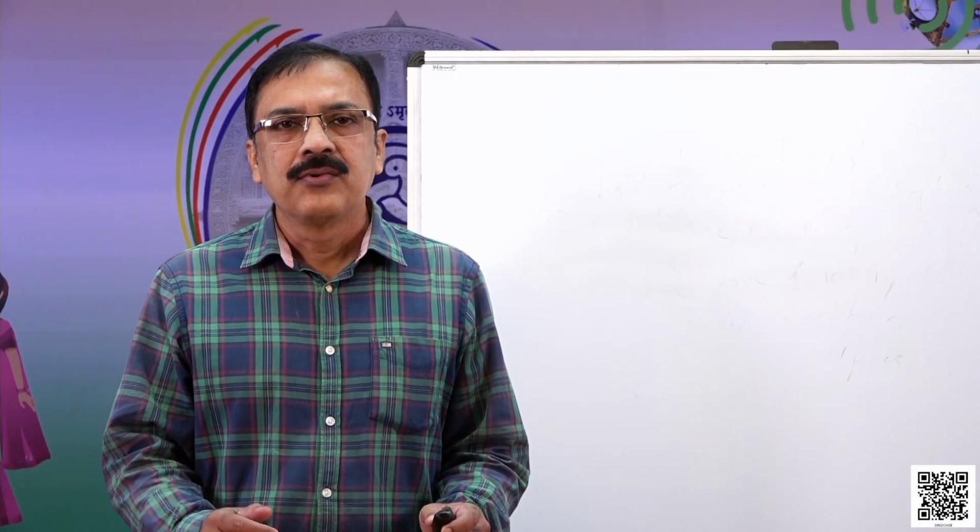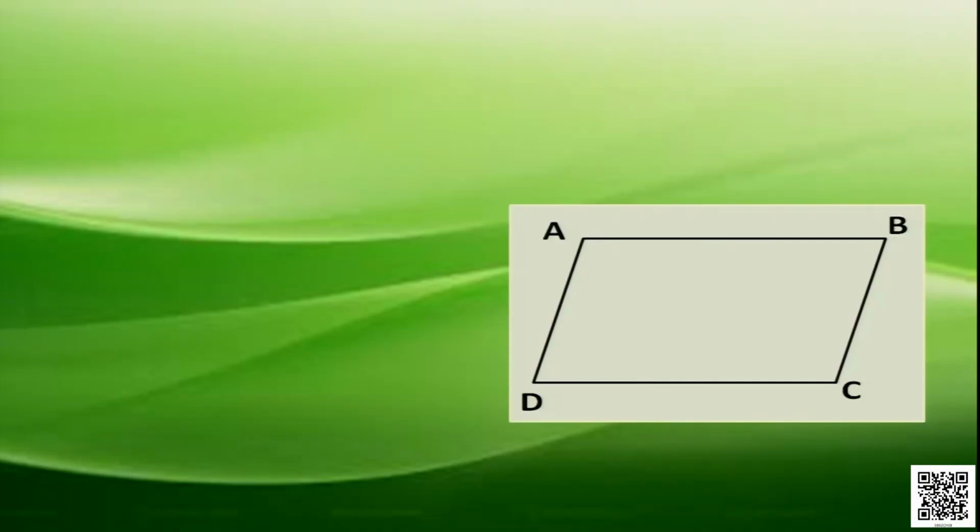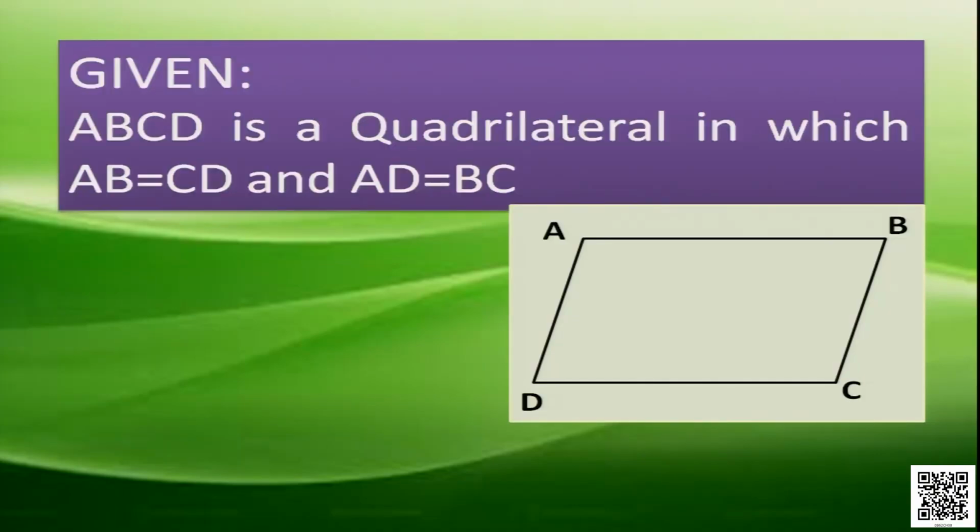So, for that we have to draw a figure. A figure is like this: ABCD is a quadrilateral. So, we can write that ABCD is a quadrilateral in which AB is equal to CD and AD is equal to BC. And what to prove?